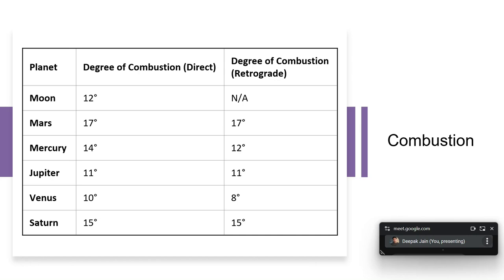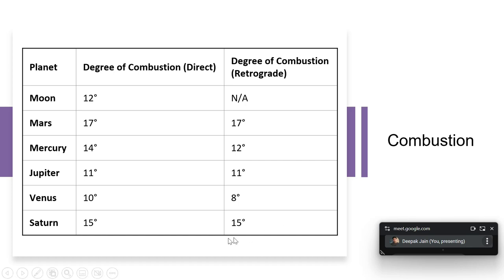Now there is a specific orb, meaning a range of degrees, which is mentioned in the classics. This is the table which you can see on the screen. It shows the specific orbs of different planets, within which these planets will be considered as combust.